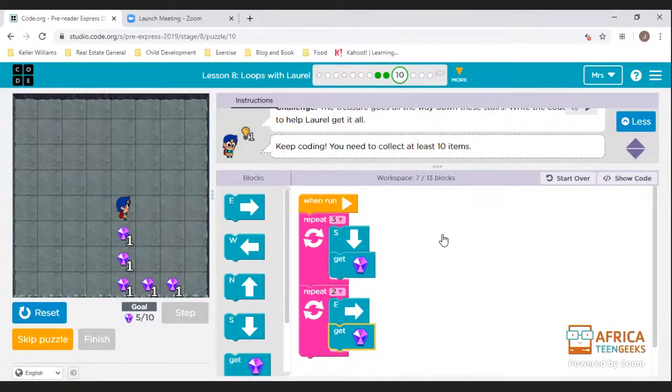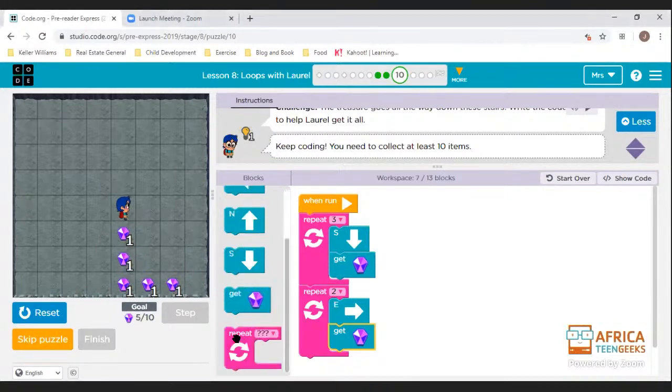So I am looking at all the raised hands. I am going to ask Nyesha. We'll unmute you. Now you have to unmute on your side. Yes, what do I need to do? Repeat 3 times south pick up. 3 times. Whoa, Jonas.